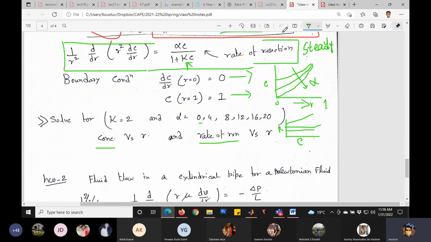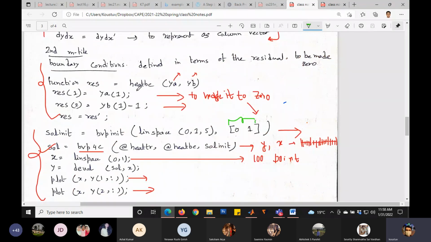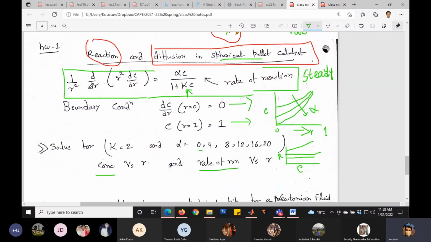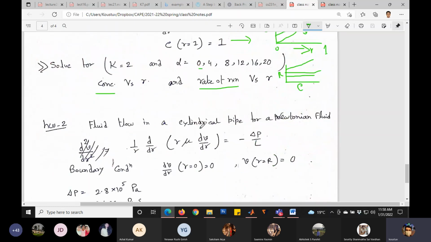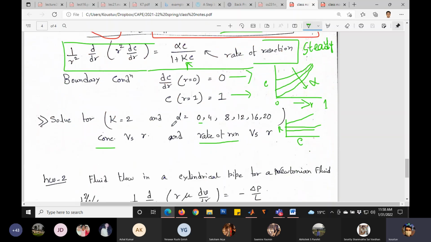You have the code available. Just take the heat transfer Matlab code functions and change them according to this problem structure. The differential equation is given, boundary conditions are given, parameter values are provided. All you have to find out is C versus R and rate of reaction versus R for different values of alpha.